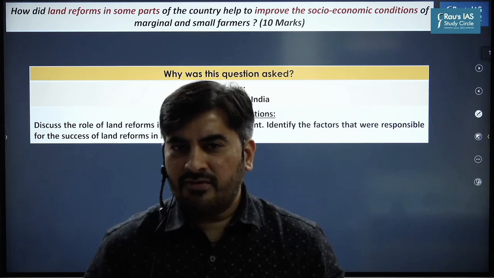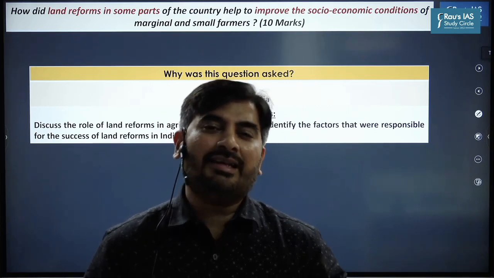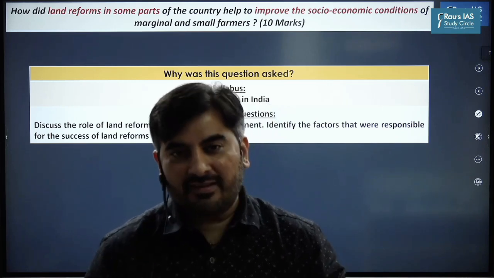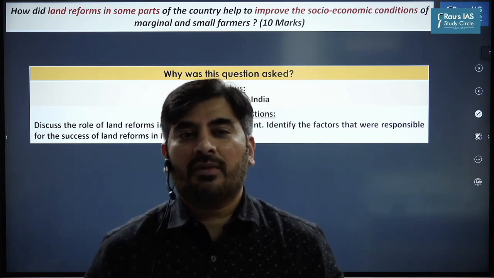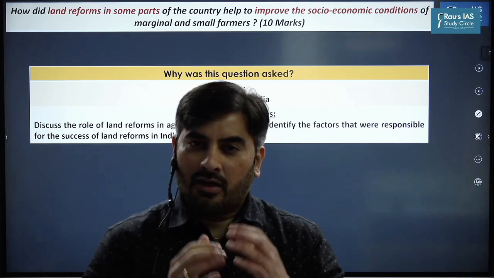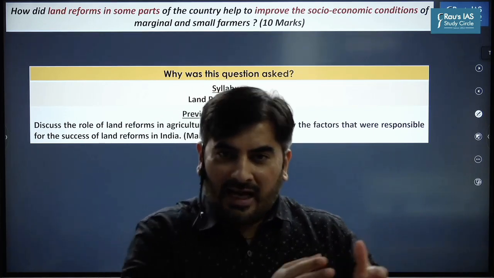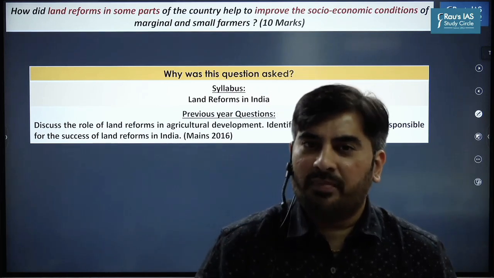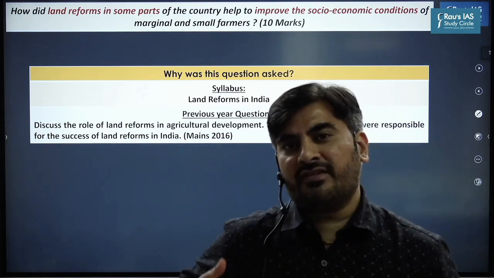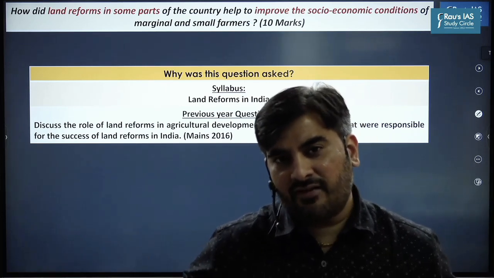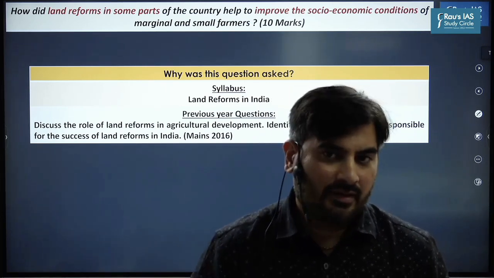These revenue settlement systems were considered highly exploitative in nature, because they led to the concentration of land in the hands of only a few people, that is the zamindars. A large number of intermediaries came into being. There used to be forced eviction of the farmers. The rent collected from the farmers was very, very high.